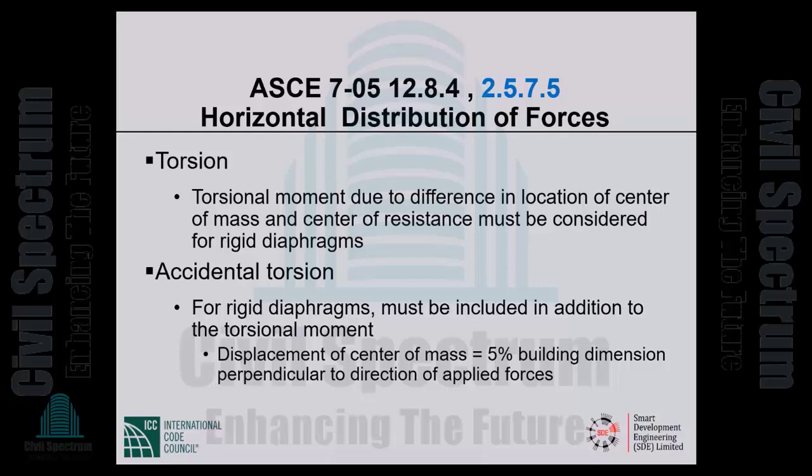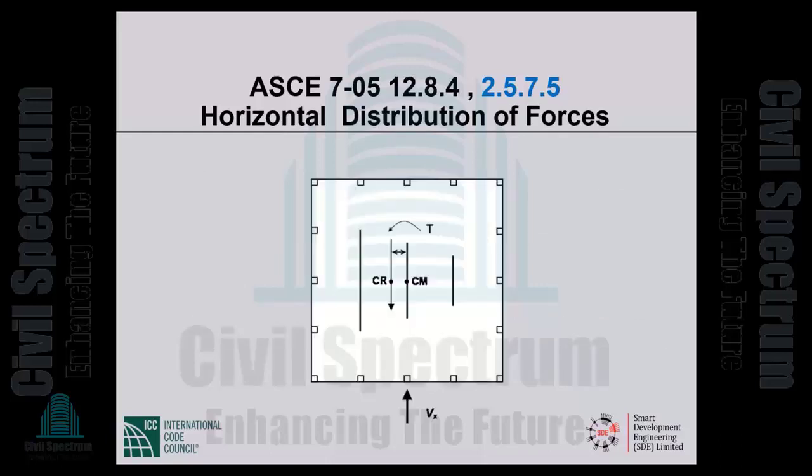Okay, so when the center of mass and the center of rigidity coincide, if those shear walls were of the same length, that would be the case. Even then, we consider an accidental torsion equal to the story shear multiplied by 5% of the plan dimension perpendicular to the story shear.